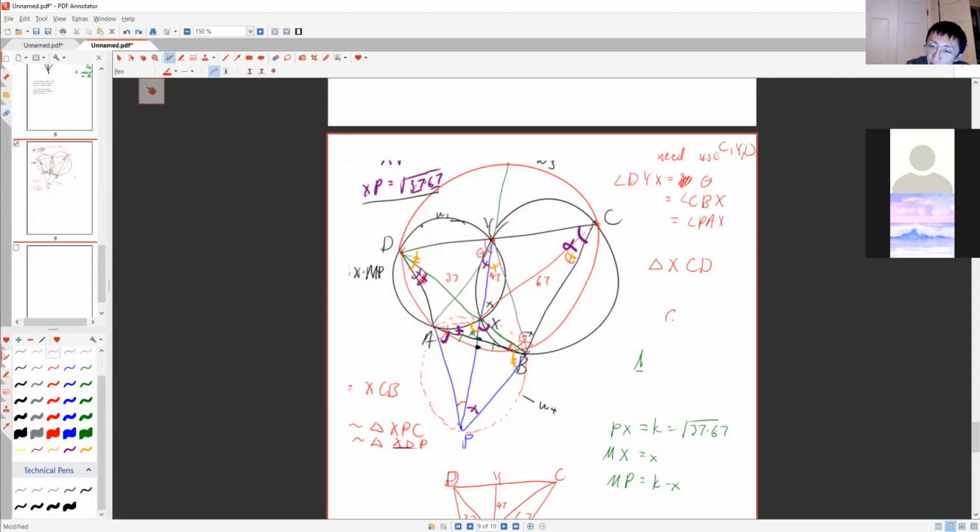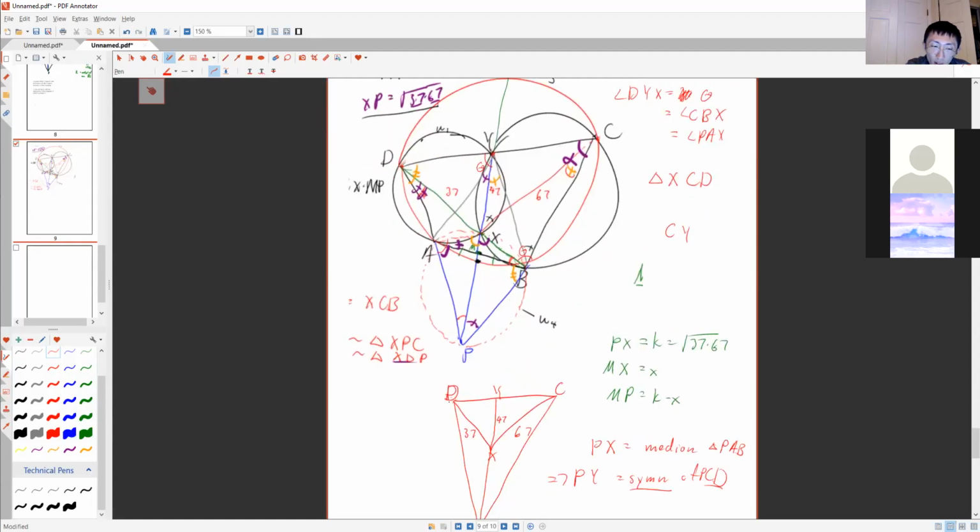So we should be able to find CY to YD, but we don't know PD to PC though. Okay. So another question that's natural to wonder is, what kind of Cevian is this thing inside CXD? Is that also a symmedian in this triangle?